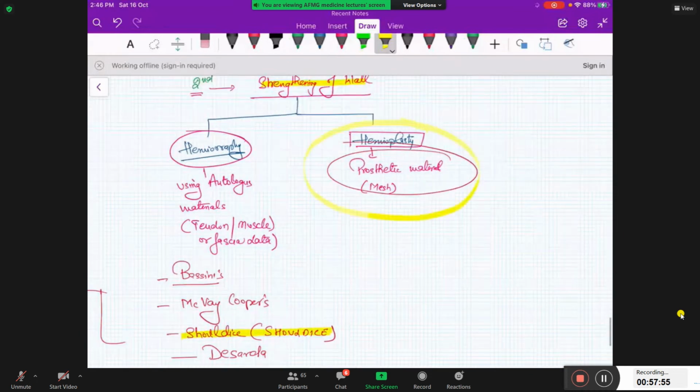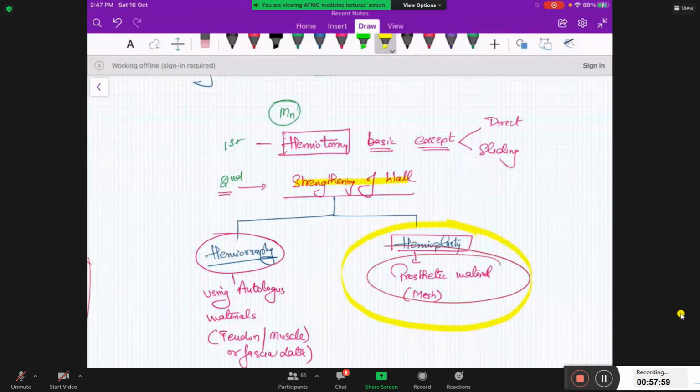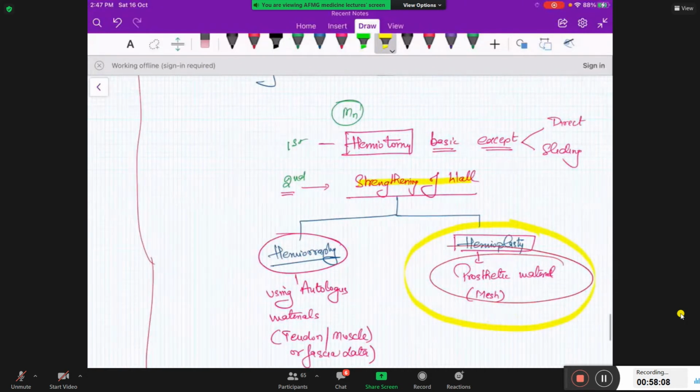Now, very important point to note. I told you, herniotomy is a basic operation in any hernia, except sliding and direct. And herniotomy is the only operation required in a pediatric hernia. Can anyone tell me why? We don't do strengthening of the wall in a pediatric hernia.